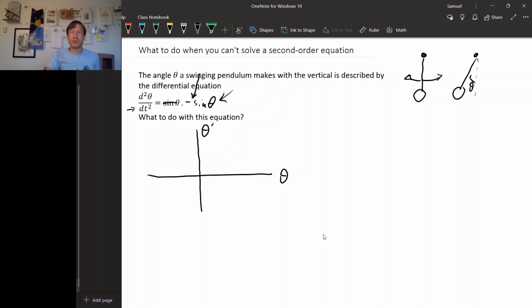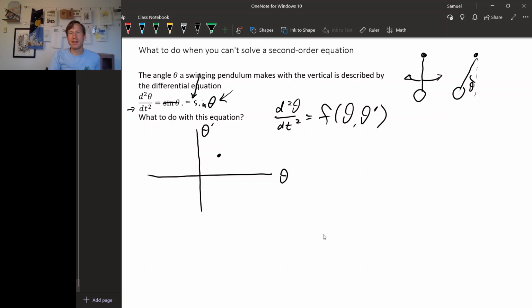So this differential equation takes the form: the second derivative of theta with respect to time is some function of theta and theta prime, since t doesn't explicitly appear in this equation. That's what makes this autonomous. So we can imagine at every point in this plane, we can draw little arrows to represent how each coordinate is changing.